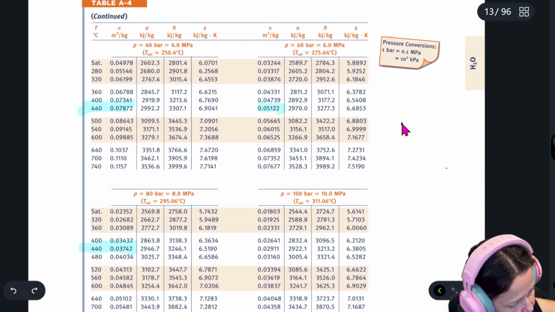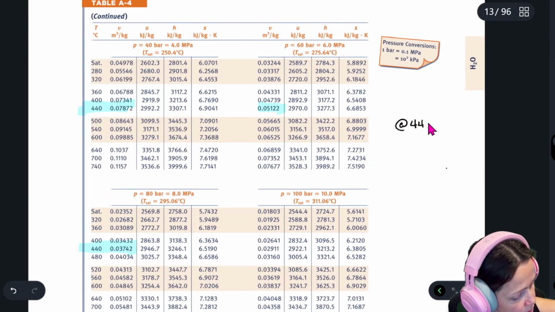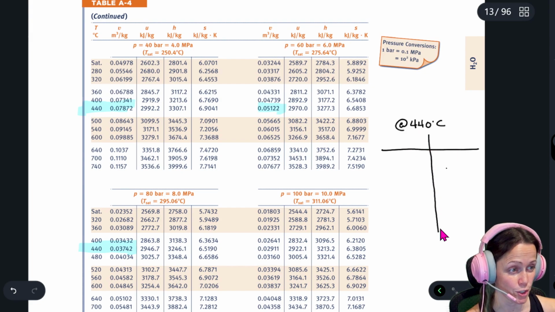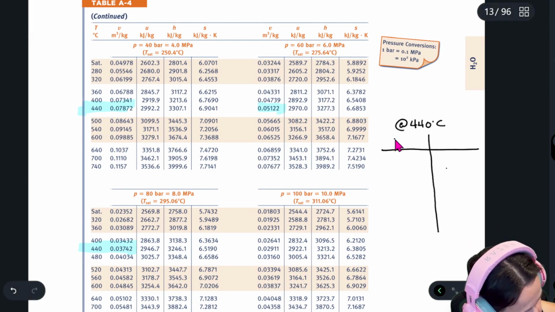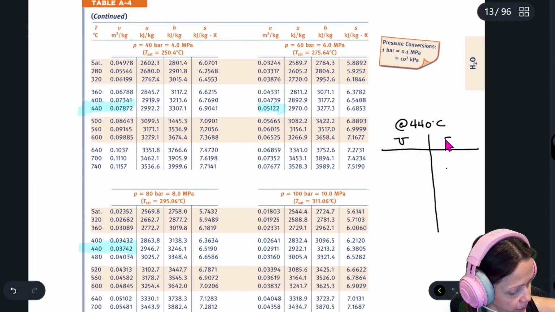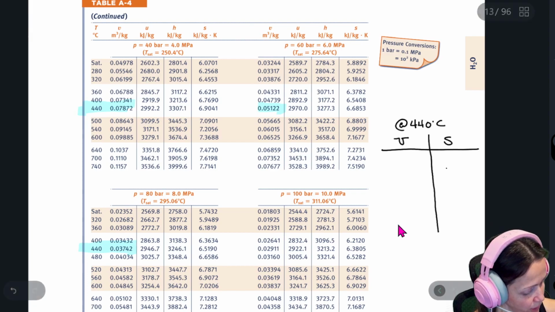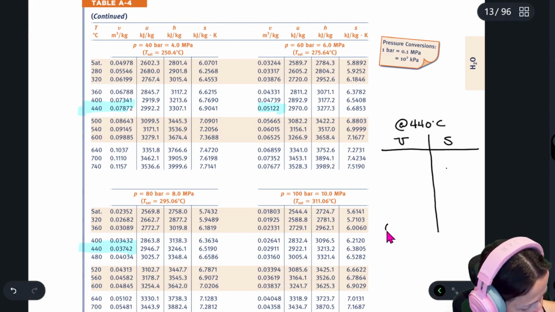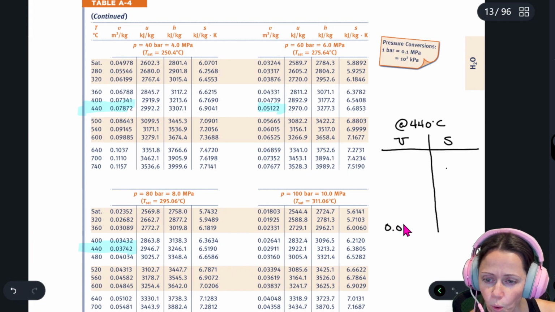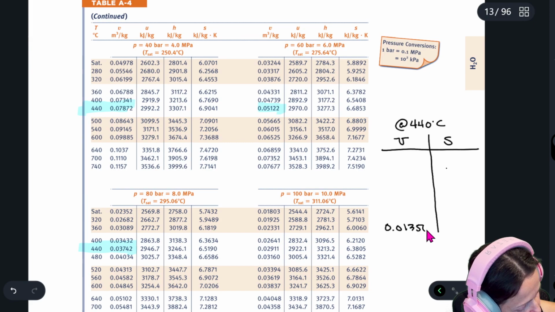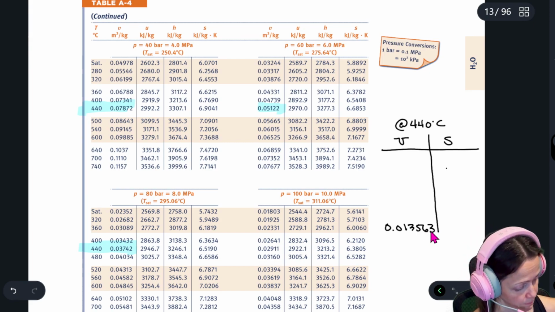So at 440 degrees Celsius, I'm going to make my own little table that I'm going to interpolate with. I have a specific volume over here, and then an entropy over here because that's the property I'm after. So at 440, my specific volume is 0.013563 meters cubed per kilogram.